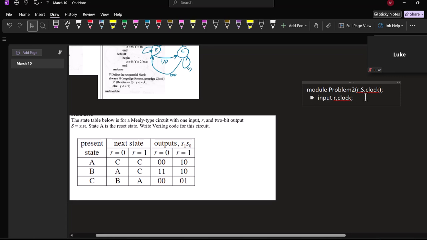And I'm going to have output reg [1:0] S, and it's [1:0] because it's a 2-bit output.